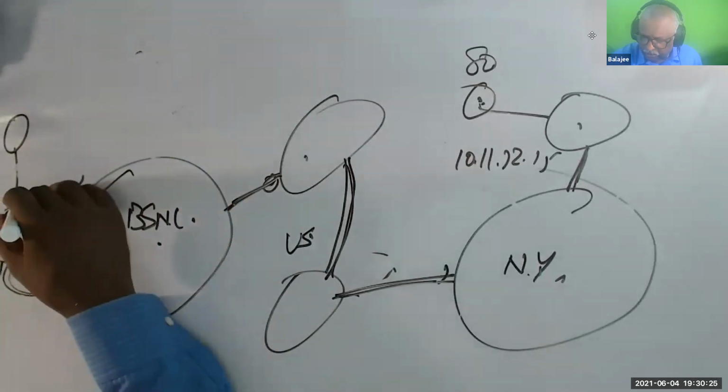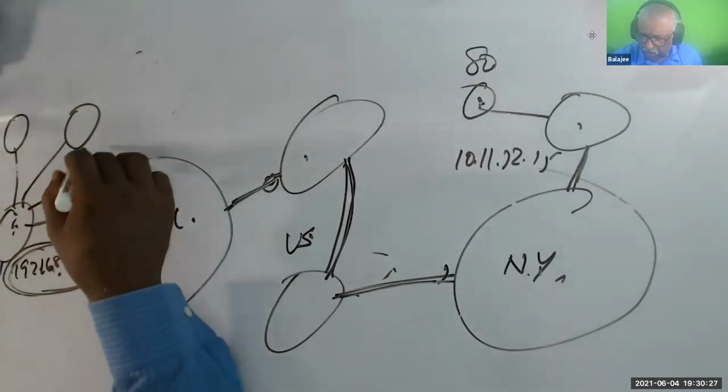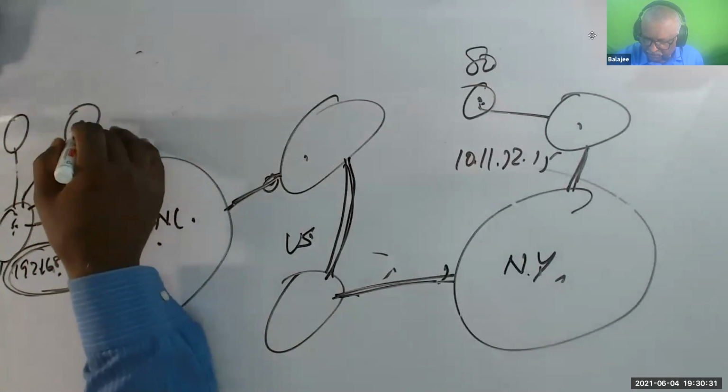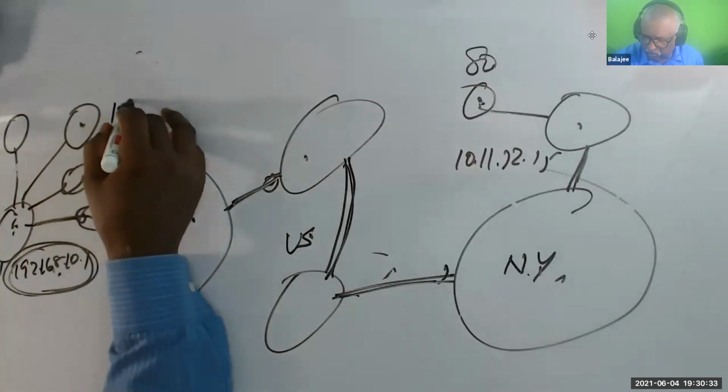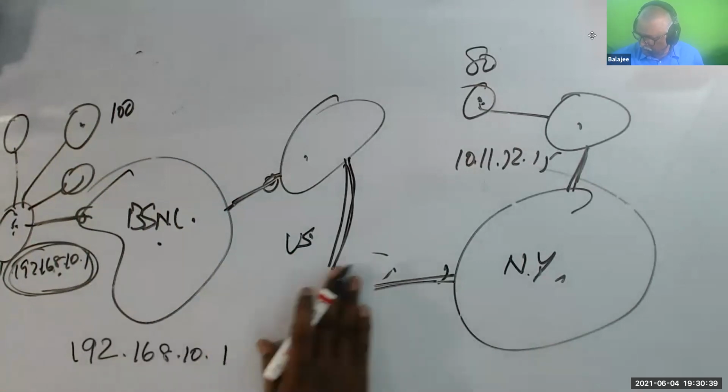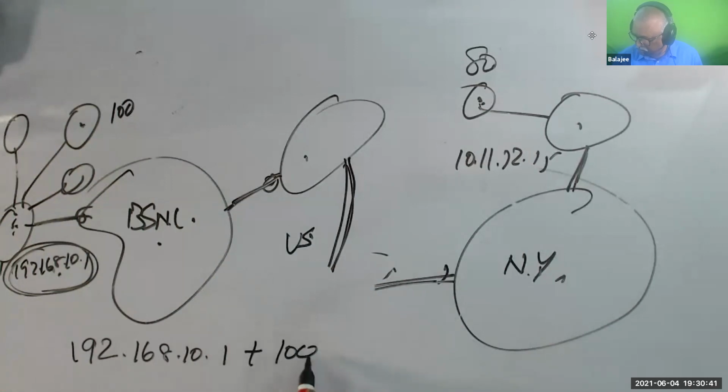Now you see here, I have an application where I have a number. This number, 192.168.10.1 plus 100, is the IP plus TCP port. I'll explain what TCP is and all.